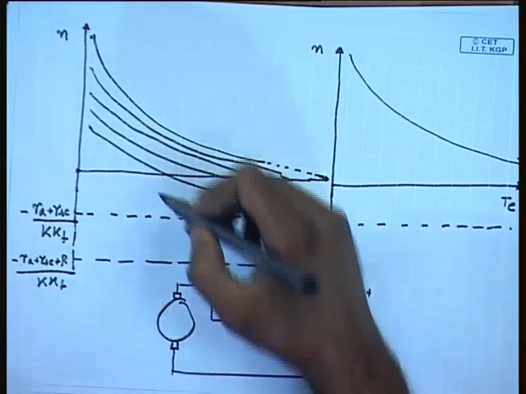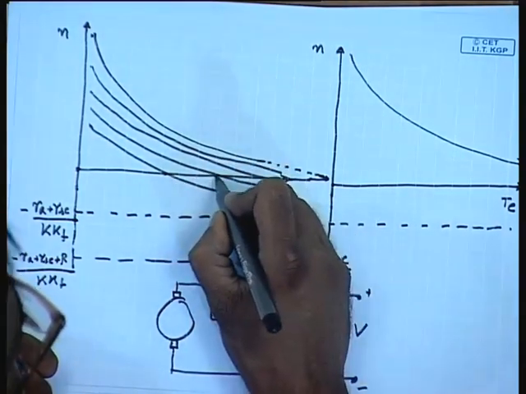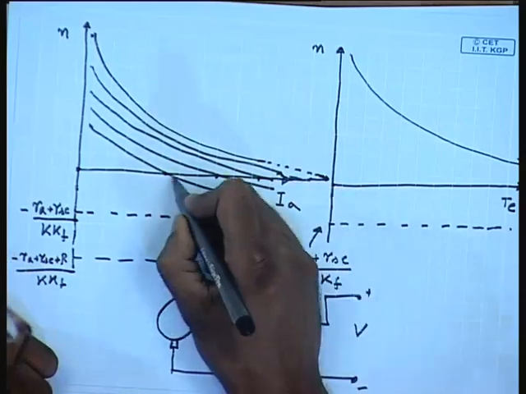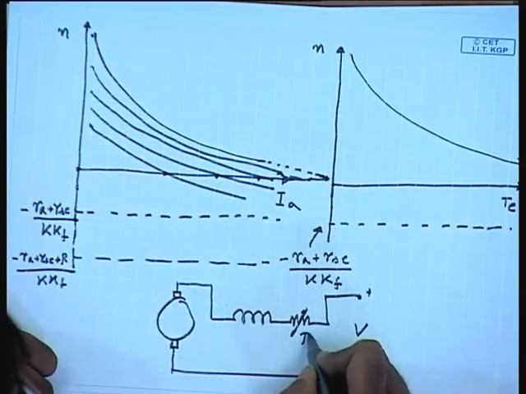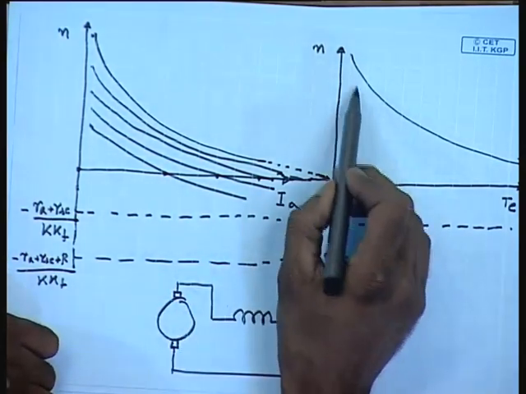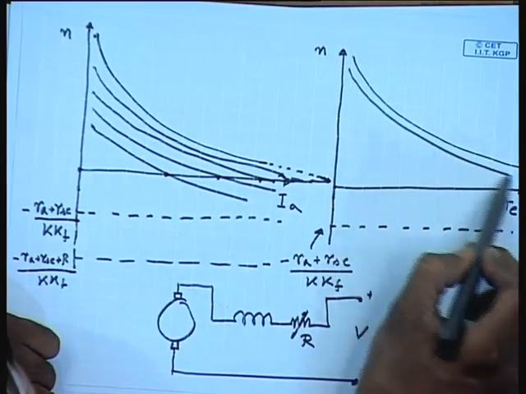So, it is possible to restrict the starting current at a desirable value by choosing this external resistance judiciously. Same thing will happen to torque speed characteristics.